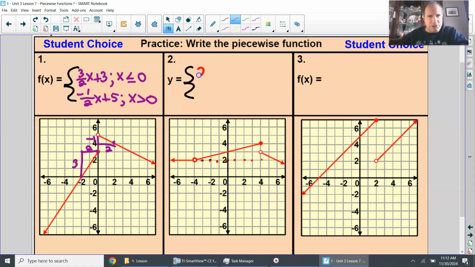So y equals 2. And it is from negative 4. I'm going to put semicolon. X is less than negative 4. Because it's an open circle, it's not a less than or equal to. It goes in this direction, to the left.